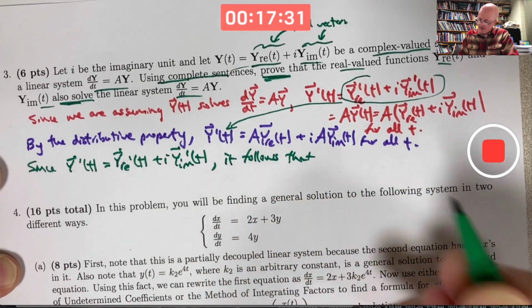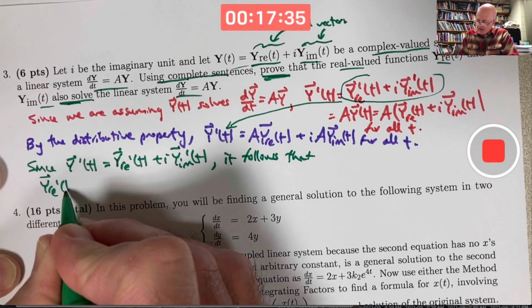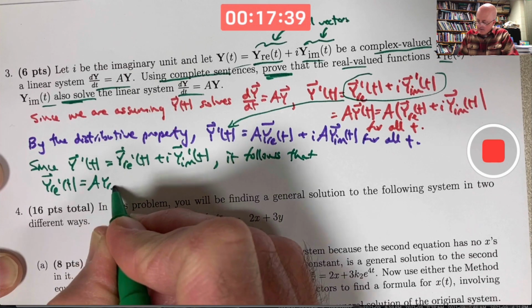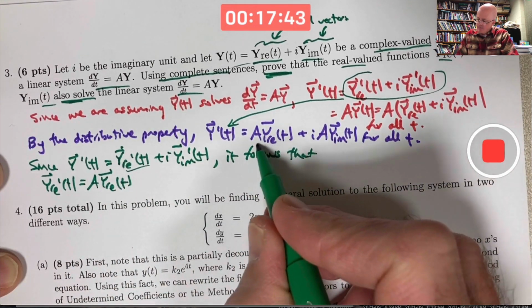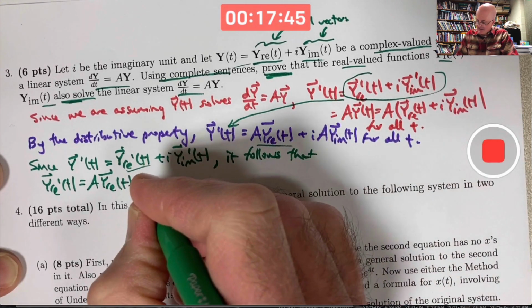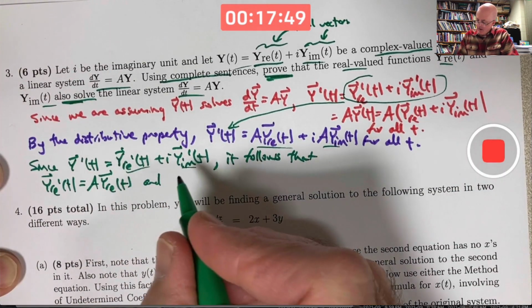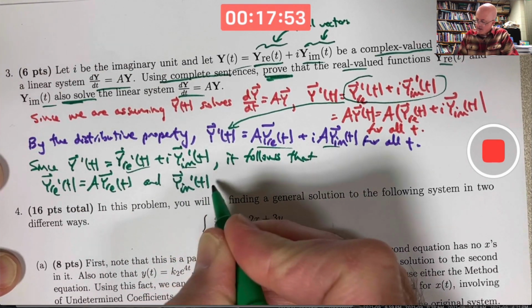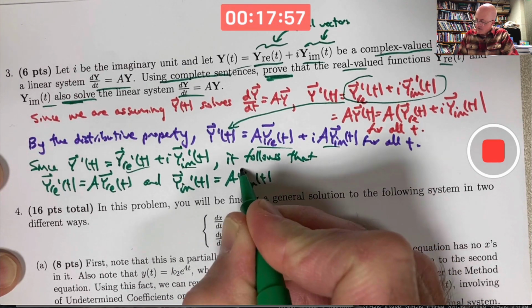and that's true for all t as well, y RE prime of t equals A times y RE of t. The real parts are equal, and the imaginary parts are equal, and I don't have to write the i. y IM prime of t equals A times y IM of t for all t.